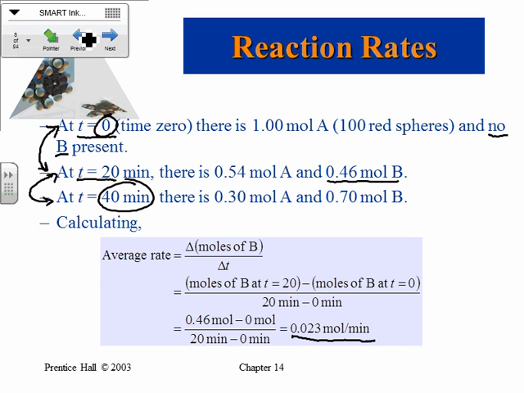So for example, if we go back over here, I had 1 mole of A to start with, and I had 0.54 moles after 20 minutes. So if I had measured this with respect to A, I would be taking 0.54 minus 1.00 over the time of 20 minutes. Okay, so that's going to give me a negative number, so that's why we put that negative in front, so that our rate ends up being a positive rate. Okay?